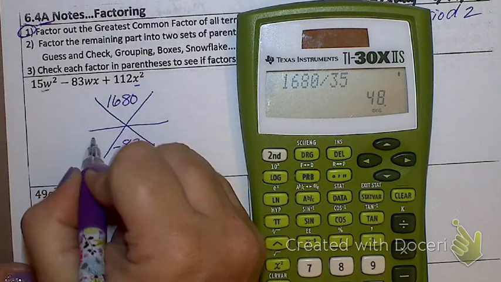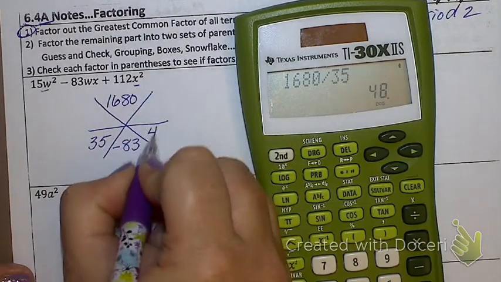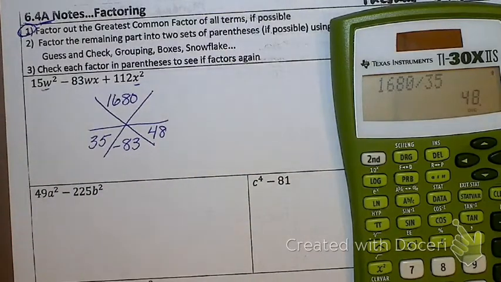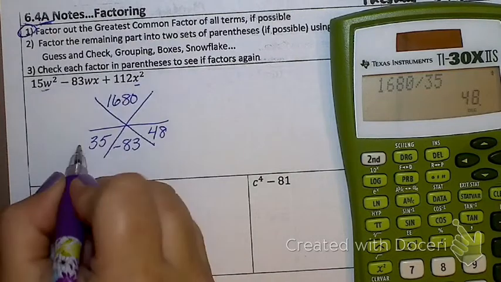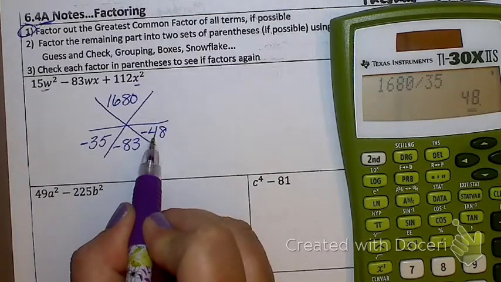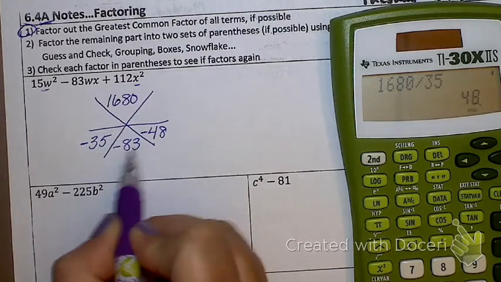They would. So 35 and 48, how would they get me negative 83? If they were both negative. So negative 35 and negative 48, when I multiply them, will get me that positive. And when I add them, will give me negative 83.